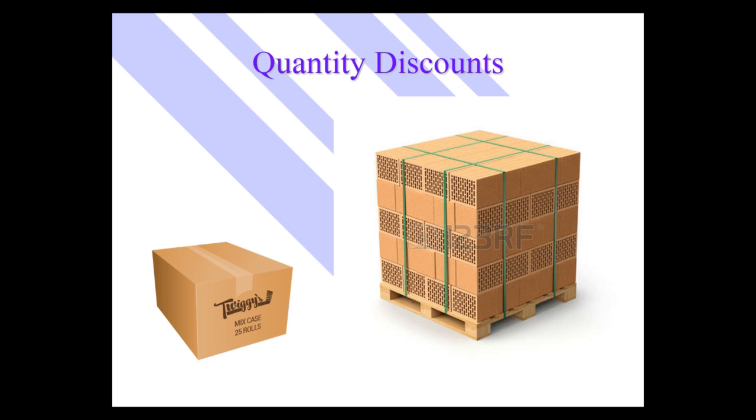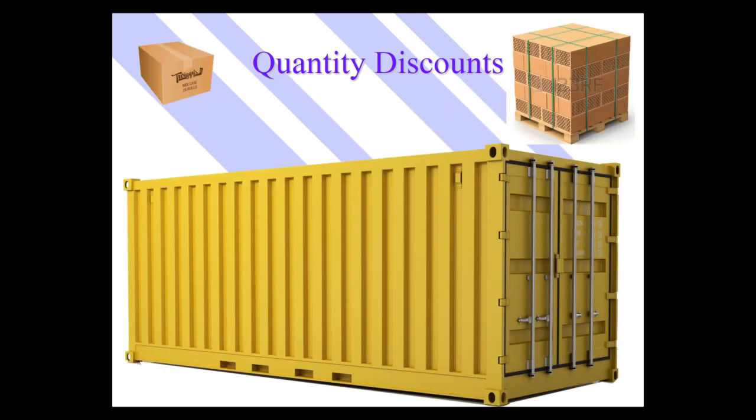Similarly, if I put a whole bunch of cases together and strap them on a pallet, I can probably show how my costs are going to be lower because I'm selling in that greater quantity, that full pallet quantity. Or I might completely load an entire container with pallets of the same product, and I can show how my costs are going to be a little bit less because I'm selling in that quantity.